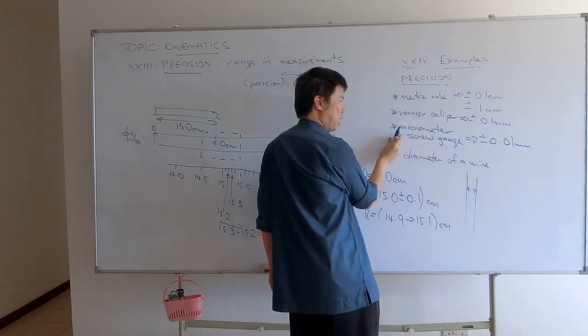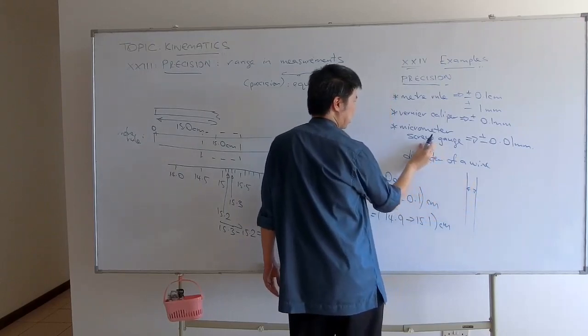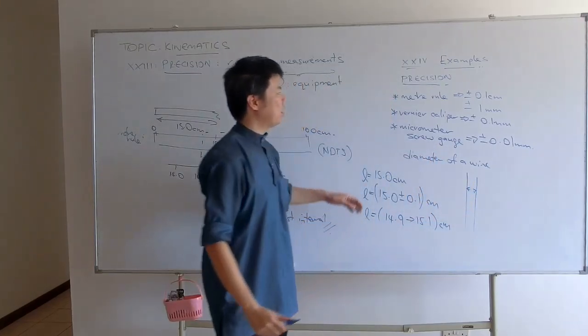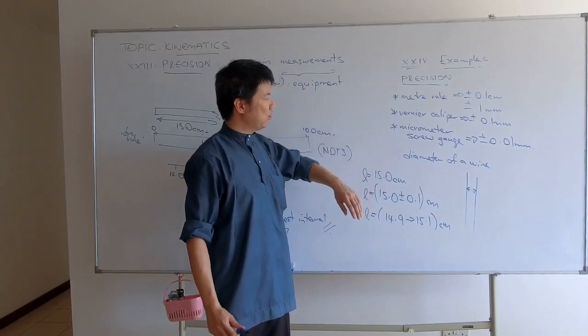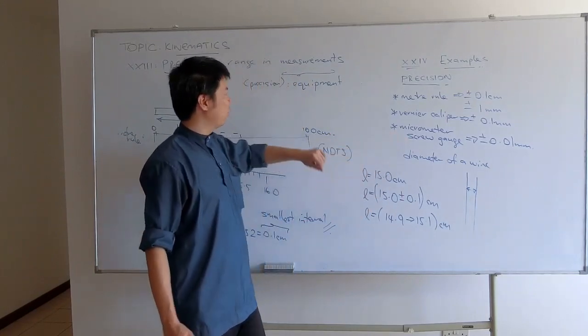Or will you use a device that is capable of measuring very small diameters in a more precise manner, a micrometer screw gauge? Okay, so I hope you understand this component of precision.